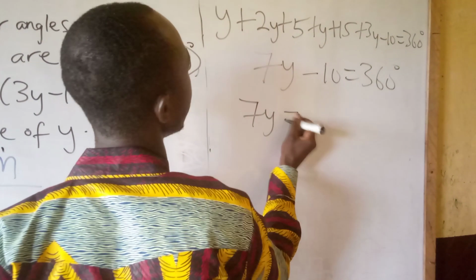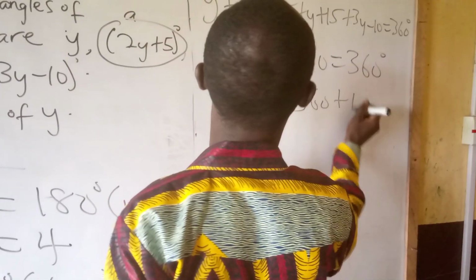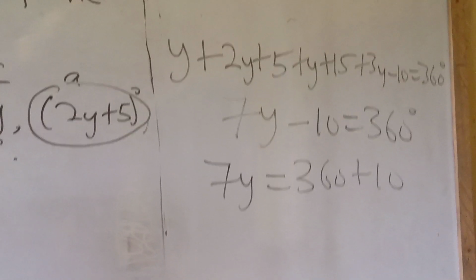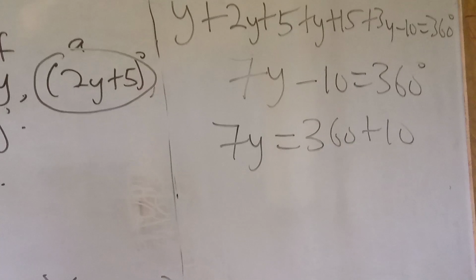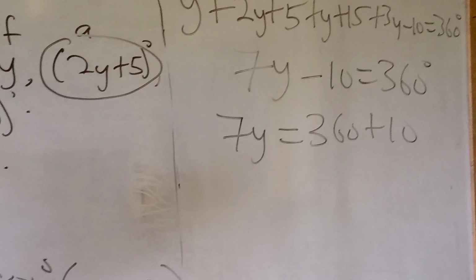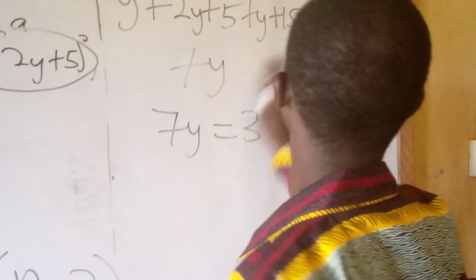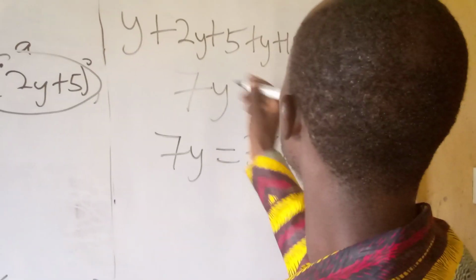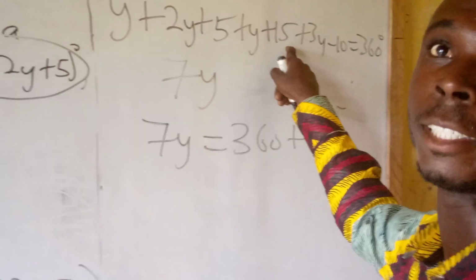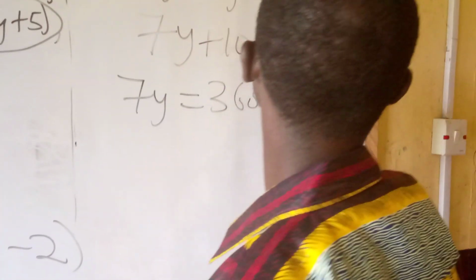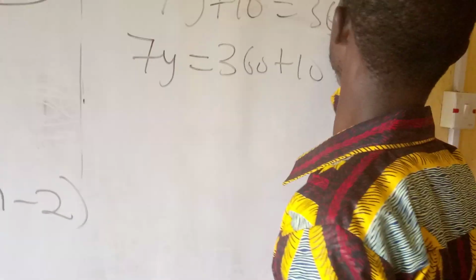So you group like terms. We have y plus 2y plus 5 plus y plus 15 plus 3y minus 10 equal to 360. So we have 7y, and 5 plus 15 is 20, minus 10 is 10. So 7y plus 10 equal to 360.